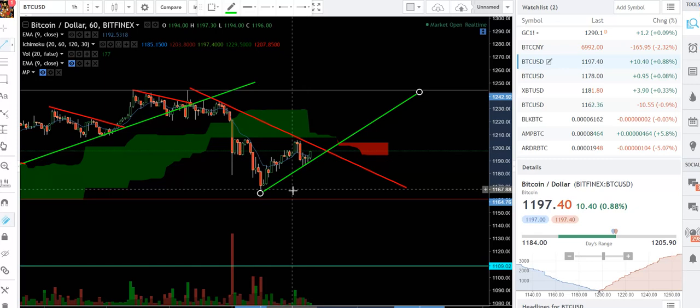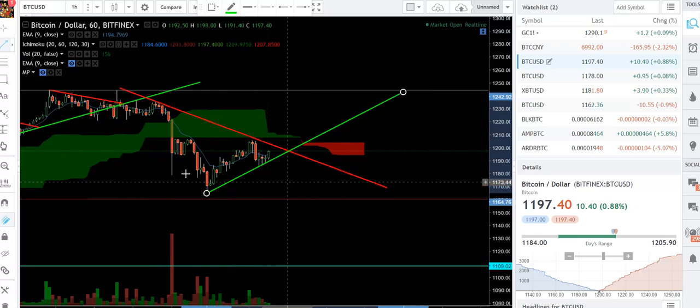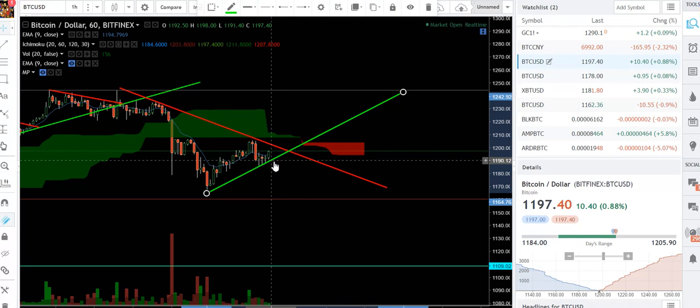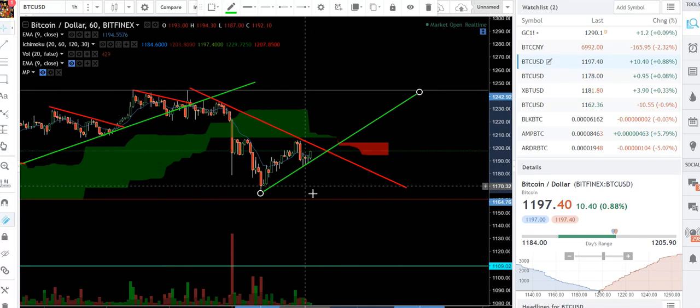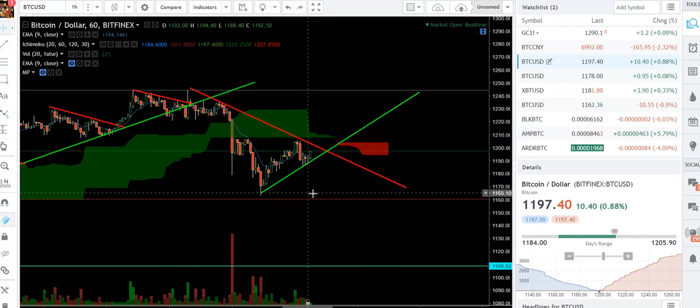We're basically crunching it down into another little area here. If it breaks this line and comes down and hits this red line, we're going to continue down further. If it breaks this red line and goes up, it should respect this green line into the future.